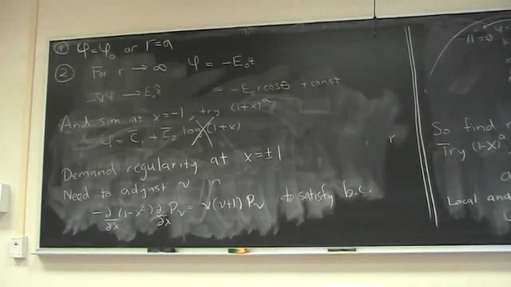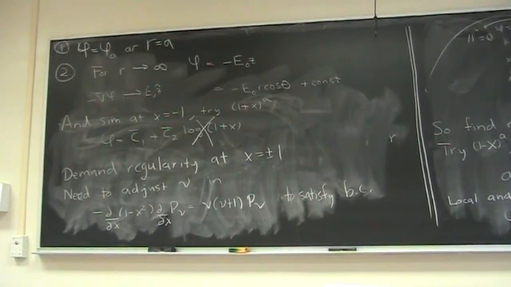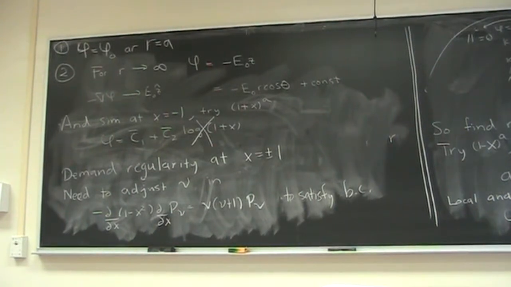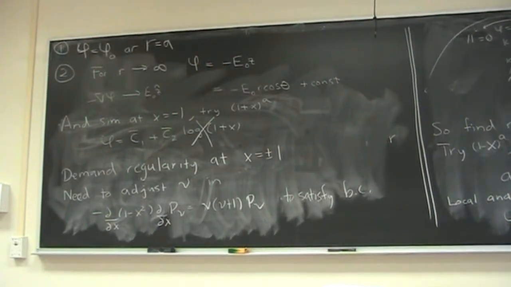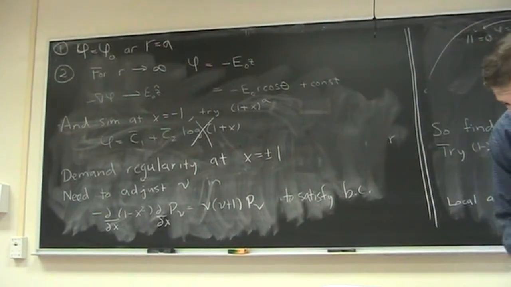So at that point, it really does become a kind of eigenvalue problem, where nu is not arbitrary, but is adjusted so that you can reach these two boundary conditions. Good.